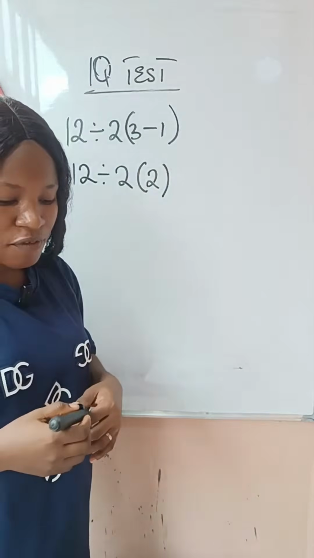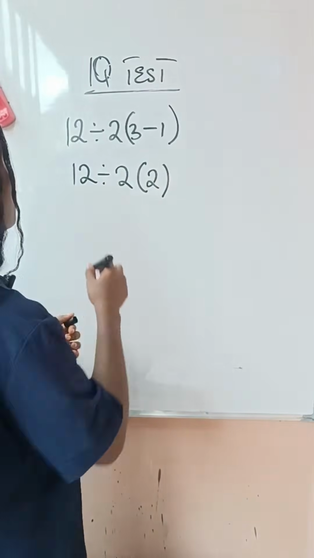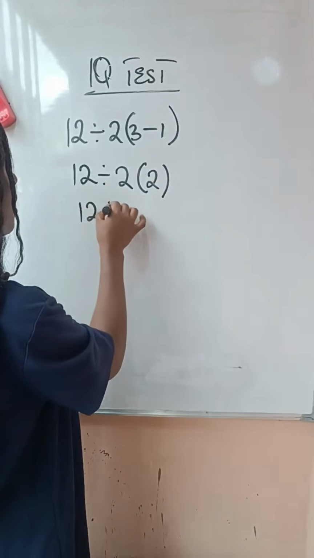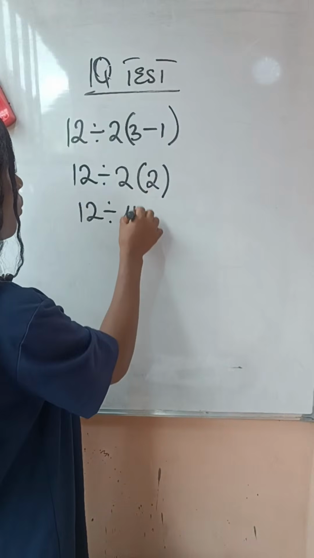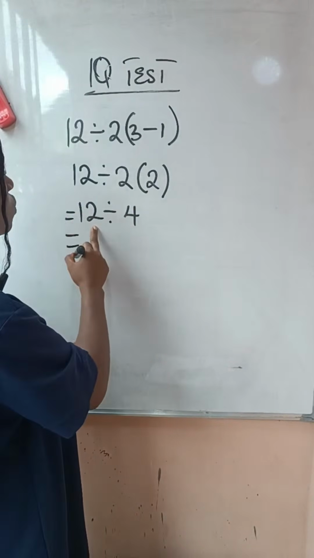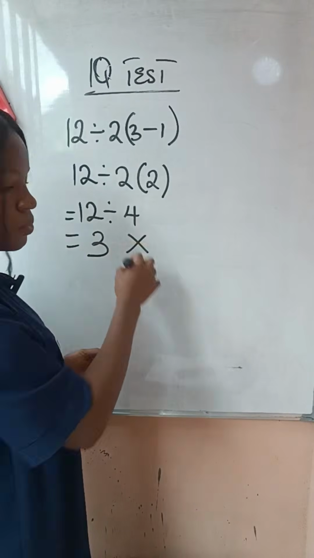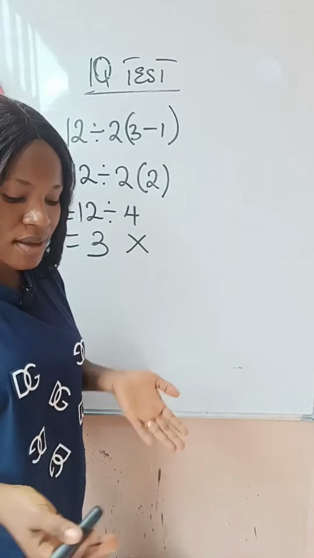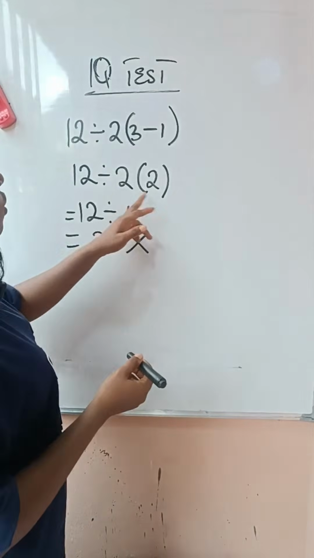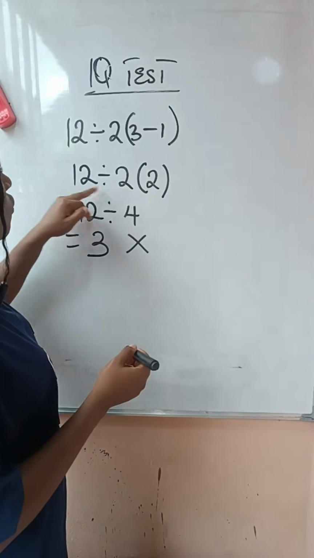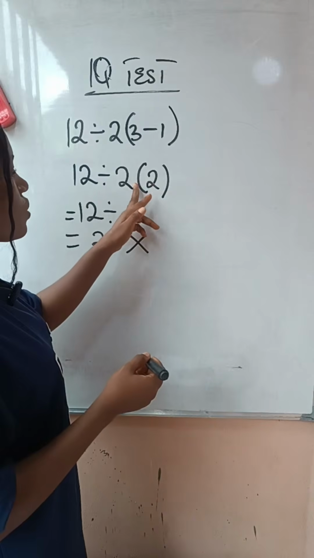Now, if I solve this way, 12 divided by 2 times 2 is 4, which is equal to 12 divided by 4, which is 3. But this is wrong. Now I will explain why it is wrong. You said 12 divided by 2 multiplied by 2, right?